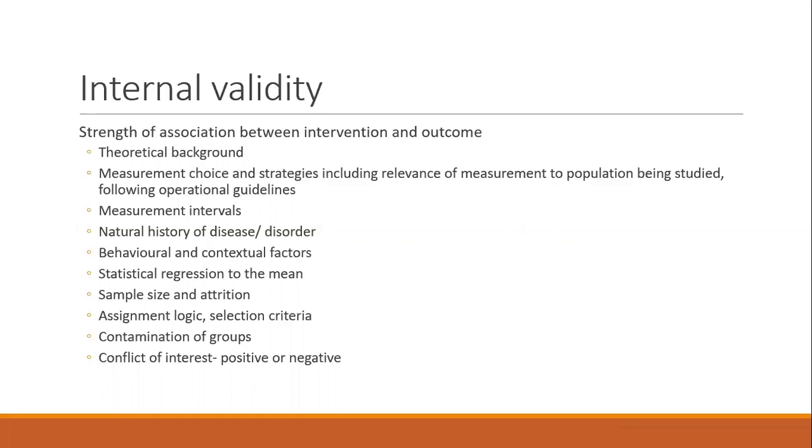Was there any contamination of groups? For instance, if you have a large gym and you are doing a study, one group is experimental, the other group is control. Now this experimental and control are coming at the same time or very close. One is supposed to come at 1, the other is supposed to come at 1:30.